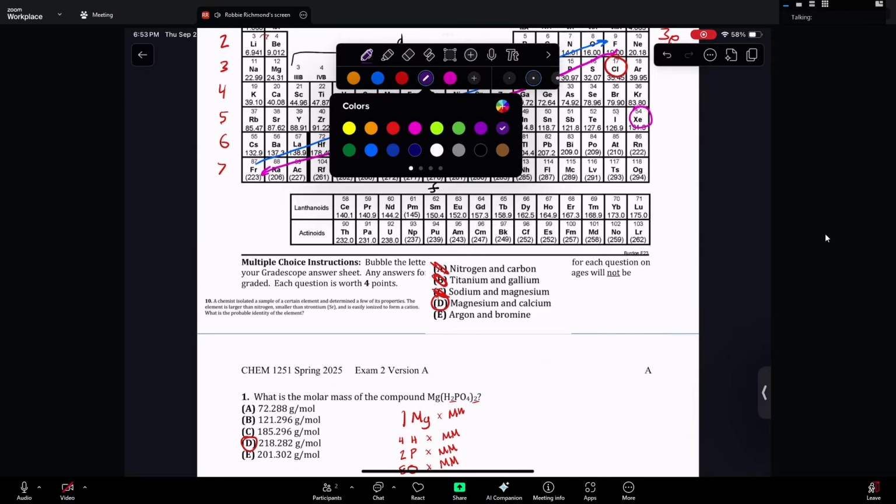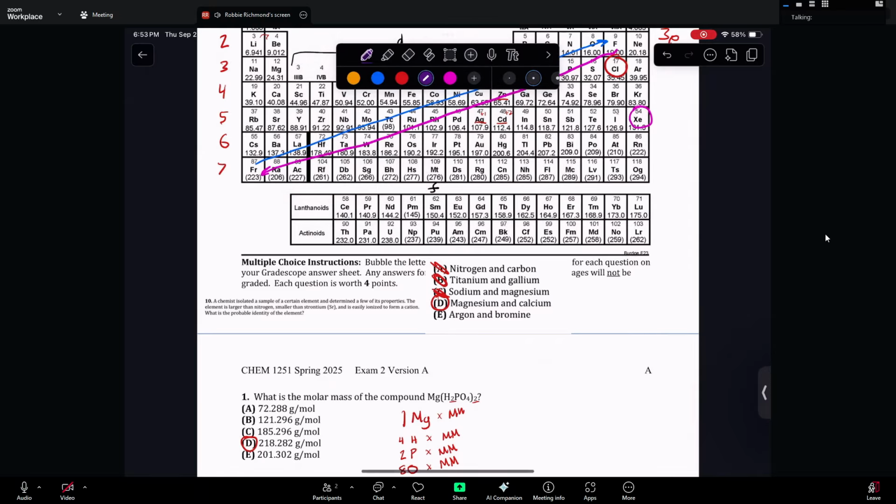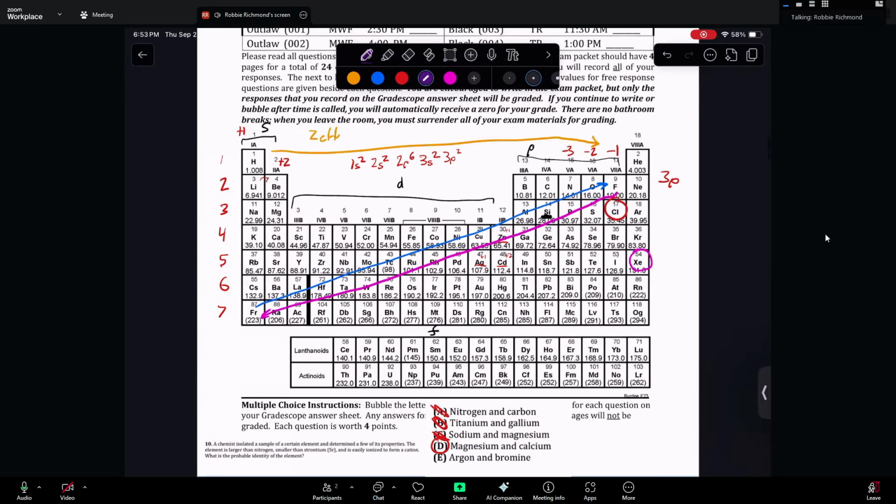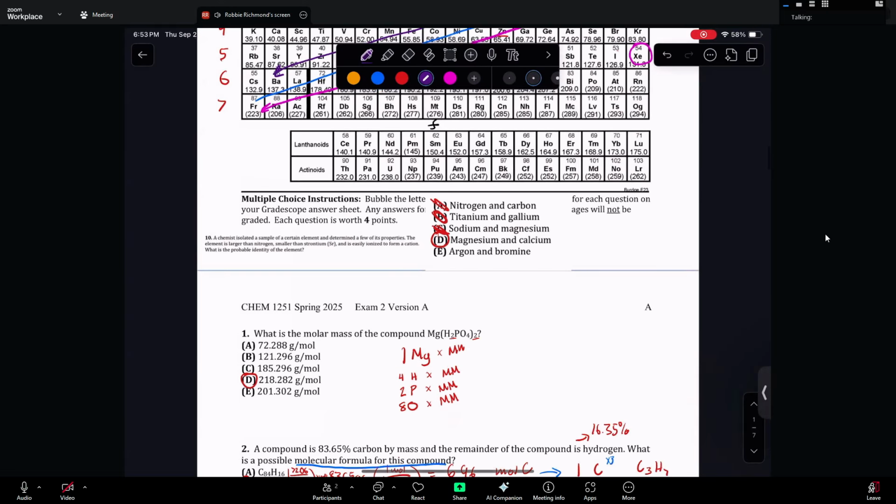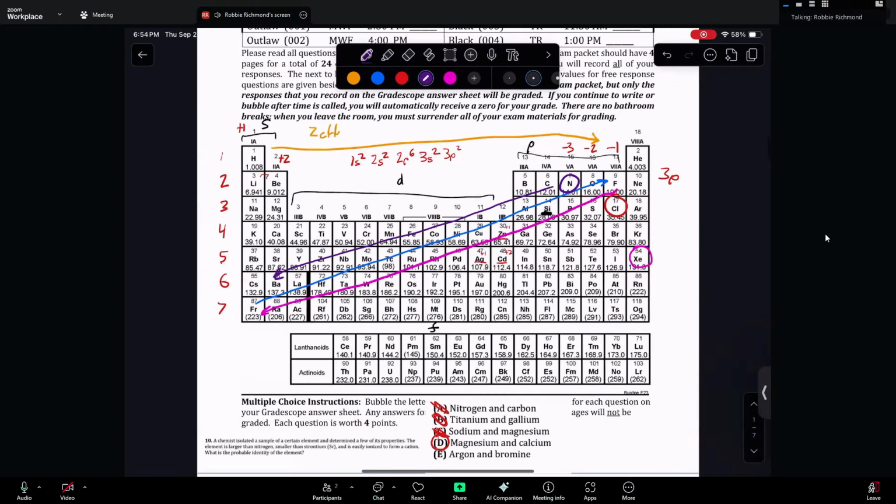Purple. All right. So, it's larger than nitrogen. And remember, that pink arrow going from F to FR, that is our increasing atomic radius trend. So it should be anything going from here to here. But it's also smaller than strontium, which is SR.